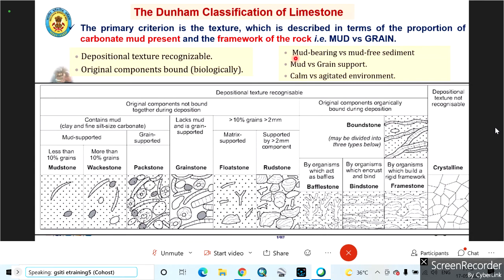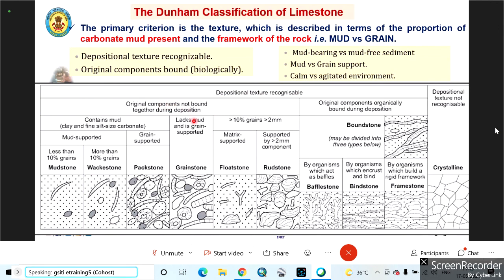Then the other criterion is mud-bearing versus mud-free sediment. So here this is where the mud is contained, and the other category is the lacking of the mud. Then there is mud versus grain support, when there is less than 10% grain. So from the top you see that the depositional texture is recognizable under that category when the original components were bound during the deposition or not.